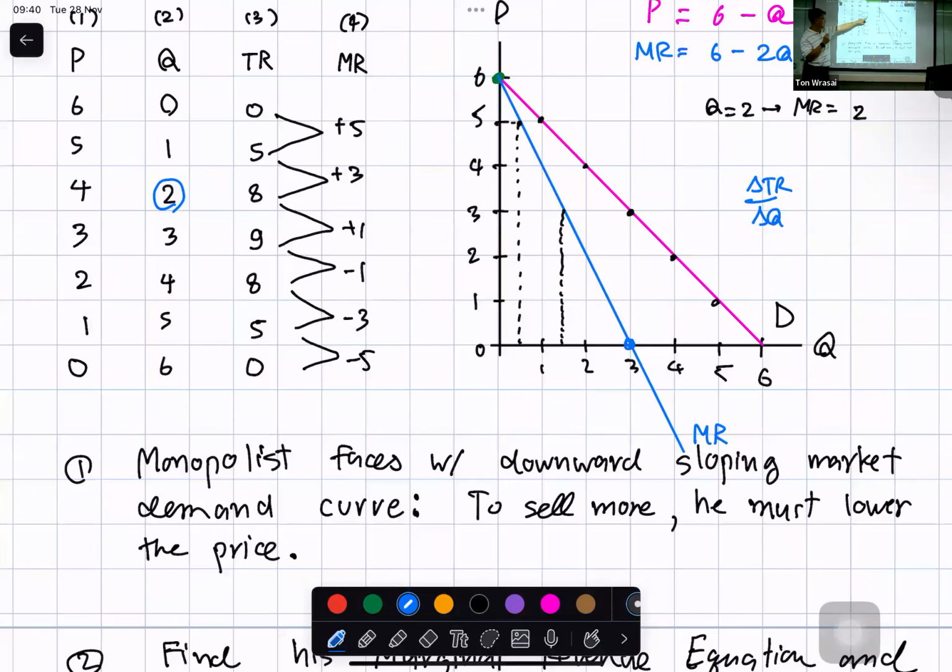The magnitude is 3. If you step forward, 8 jumps to 9, it's 1. Then if someone asks what is the value of MR when Q equal to 2, you have to make an average between these two numbers, 3 plus 1 divided by 2. You got 2.